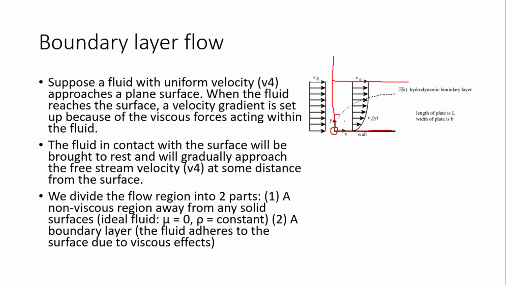But then remember, the particles are going to be retarded or slowing down the ones above it, just like the ball we kicked that was being retarded by the ground. It's going to be retarded by the ones below it. Also, it gets to a point where it also becomes stationary, right? Then the fluid up here as well will be retarded. It will have its velocity retarded until it gets to this point where now it looks as though it is not going to flow.